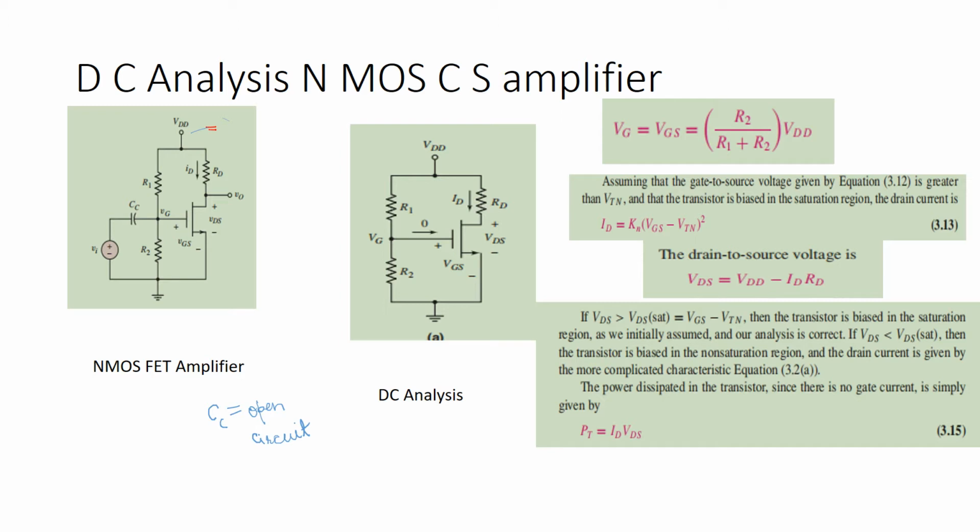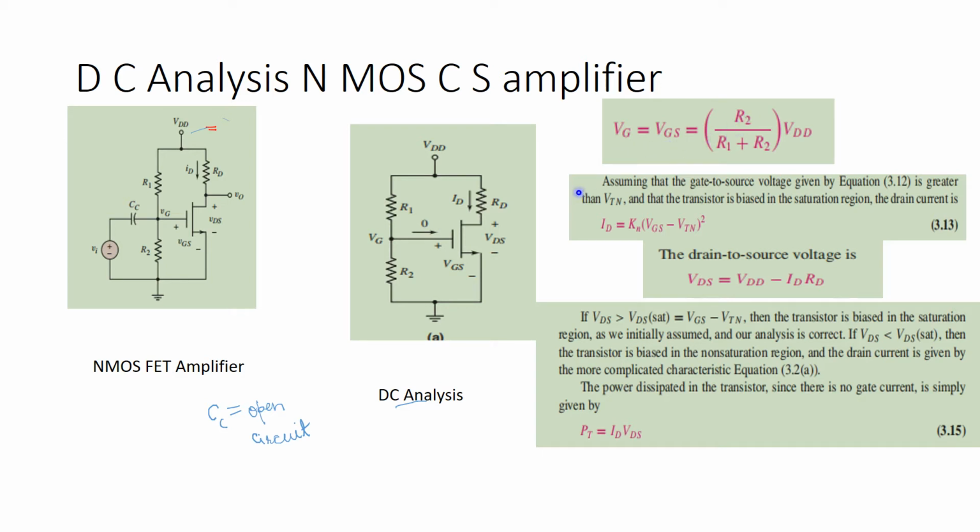So due to that, the circuit will be modified in this fashion, which is shown by the DC analysis. Here the AC input signal is not considered since we are doing the DC analysis. So based on this, I'm supposed to find out the voltage VG, which is at the gate terminal.